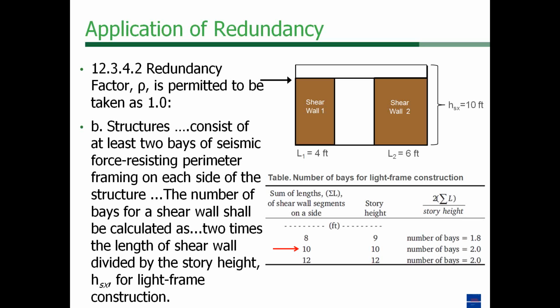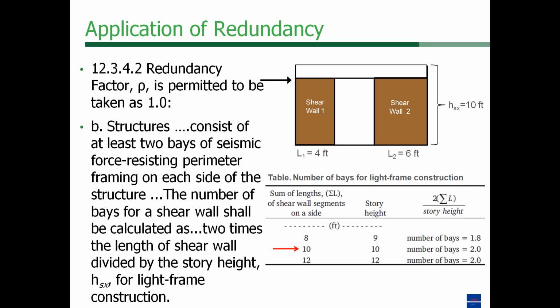Now, what would appear somewhat ironic here is if you had 2 shear walls that were each only 4 feet long, you can't calculate 2 bays. If you had 2 4-foot walls, the total there is 8 divided by a story height of 10, and you come up with 0.8 times 2, which is 1.6 and not 2.